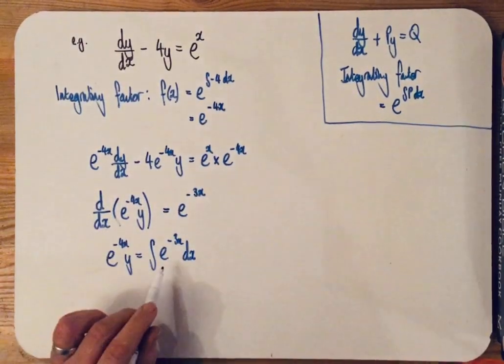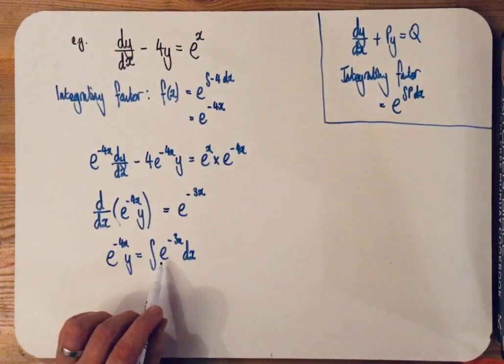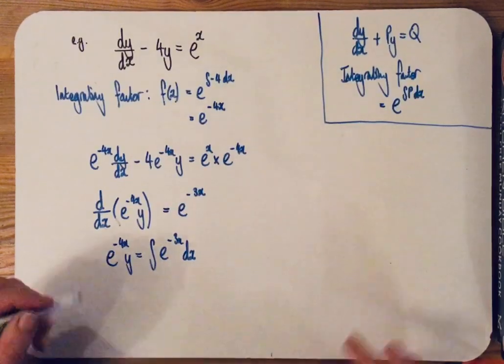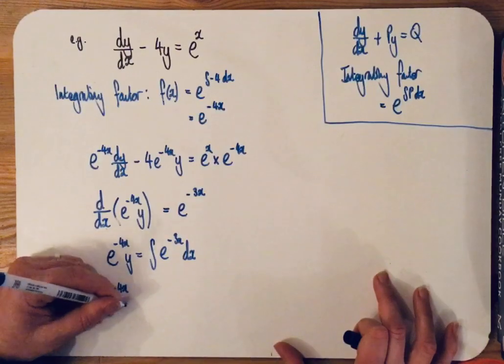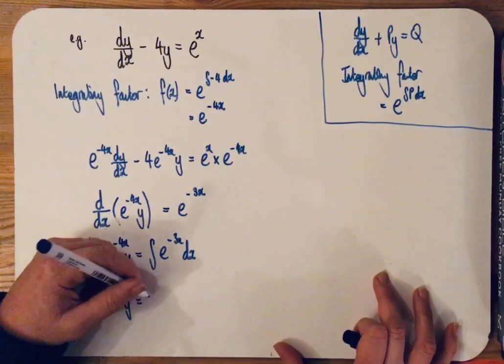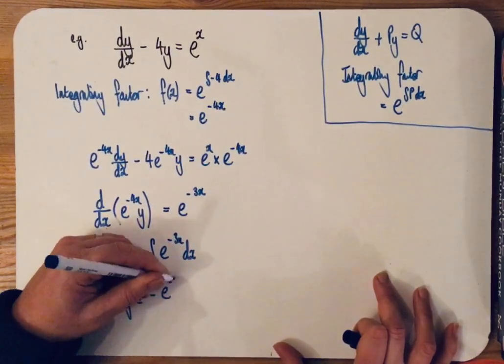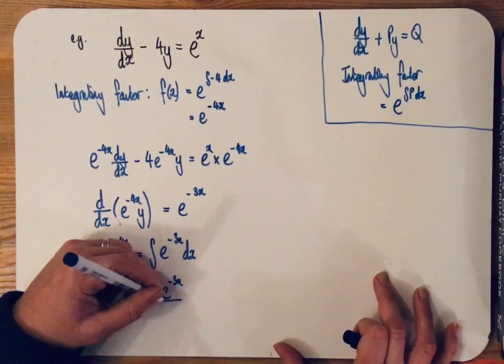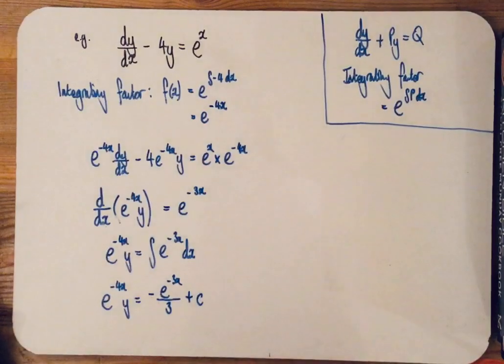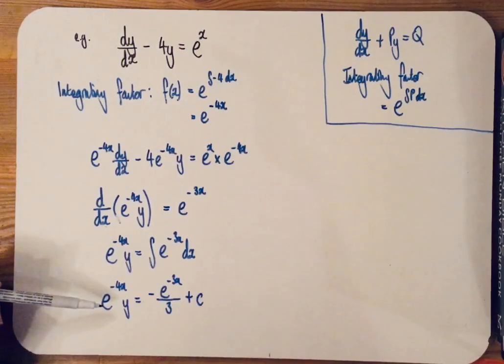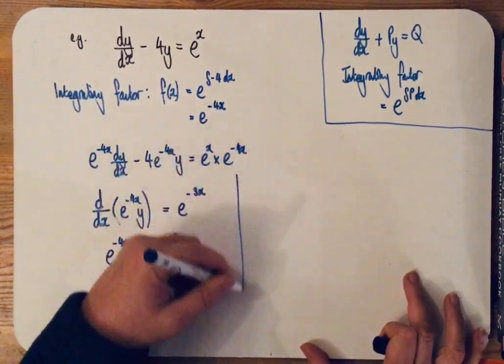dx. This goes to minus a third e to the minus 3x. So minus e to the minus 3x over 3. And I do need my plus c in here. And then to tidy this one up, I can multiply through by e to the power of 4x.